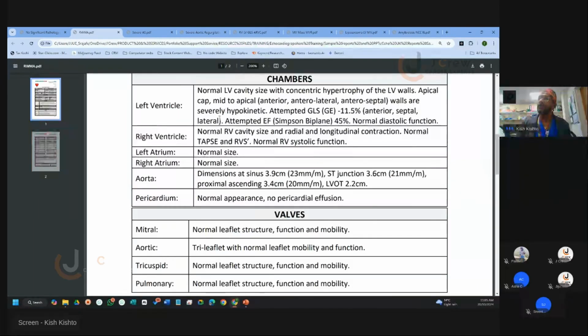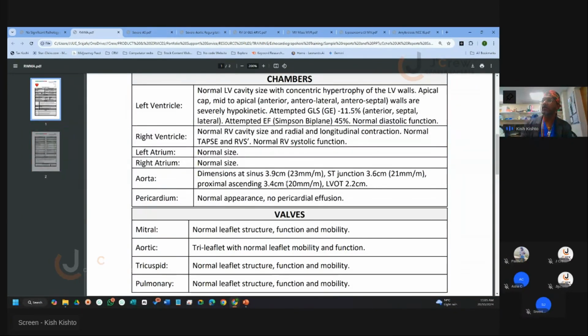So for my LV cavity, if you remember when we discussed earlier, it's a normal LV cavity size with concentric hypertrophy of the LV wall. The mid to apical cap, so that's including the anterior, anterolateral, and anteroseptal walls, are severely hyperkinetic, and GLS significantly reduced, and impaired LV function, and normal diastology.